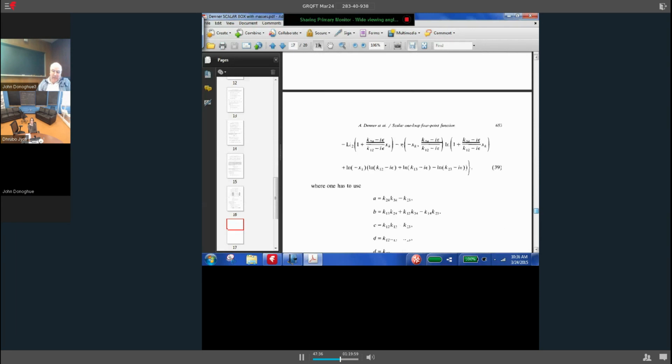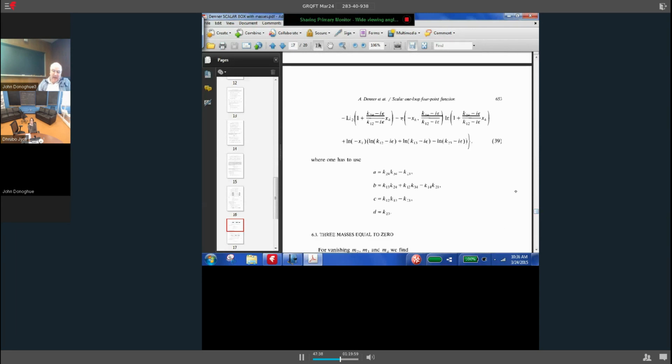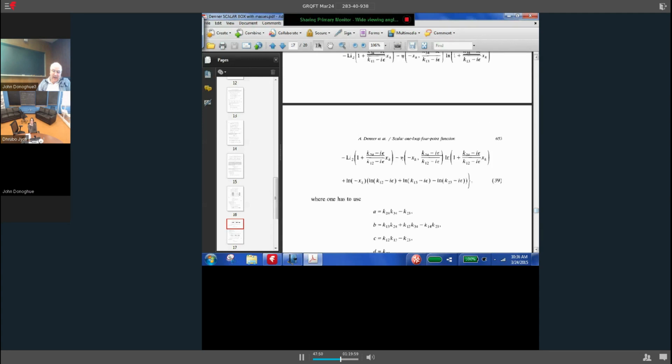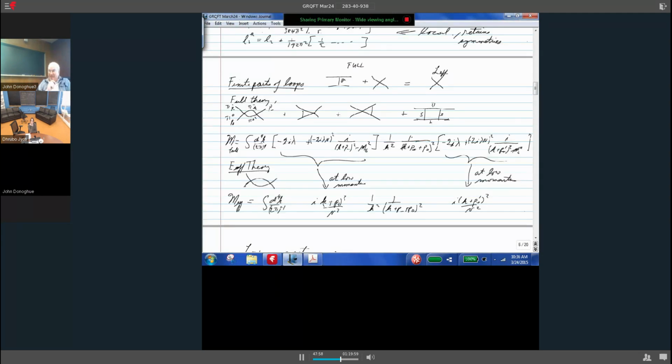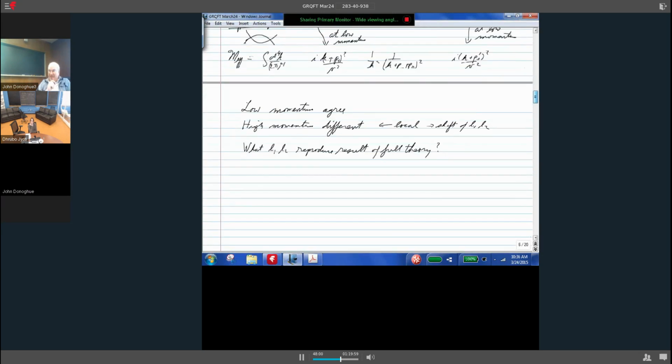Somewhere down here is the result when you have two massless and two not massless. But you can see calculating this thing is not easy. They're going through all the calculation, and it's all these compact formulas. So here's what the result looks like.